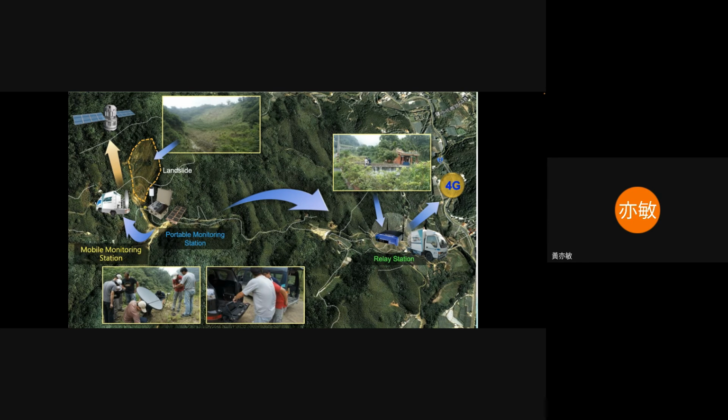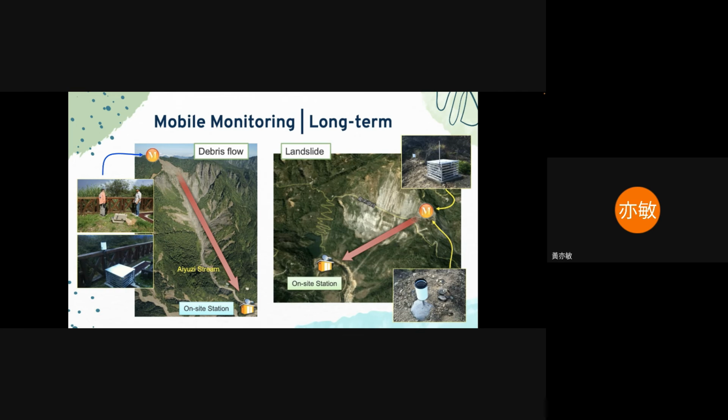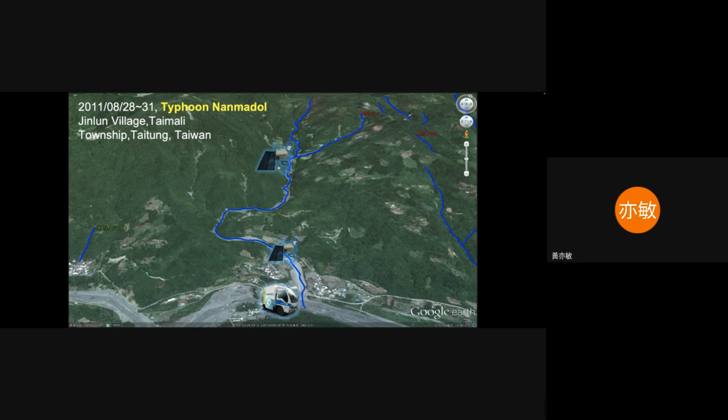So you can transmit the data over a longer distance through the relay station and through the cell phone network. So these are 2 examples we set up on site. You can set up monitoring stations very far away from the village, or you can set up the smaller, compact sensors at locations not easy to access.